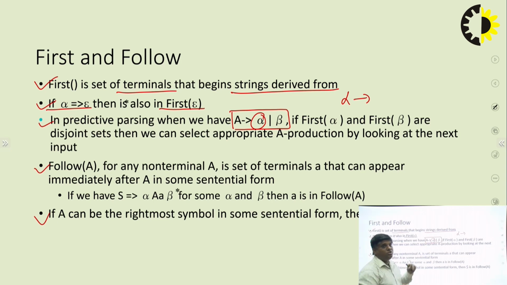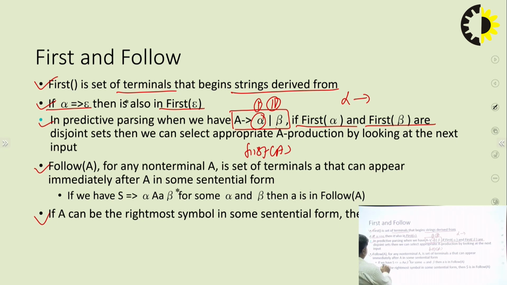If alpha is a non-terminal, then the First of alpha is known as the First of A. Then it is the First of B. If a production has two rules, rule 1 and rule 2, then the First of this production rule union the First of the other production rule is also known as the First of A.